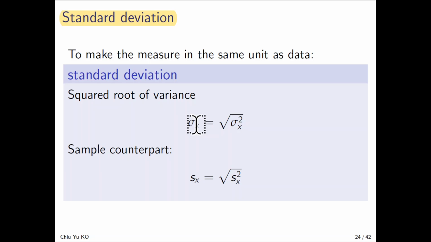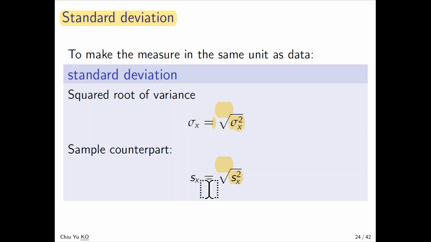Once you do this, comparing standard deviation across samples is not so easy, because it is still affected by the measurement scale. When you talk about data, say income, the measurement unit can be dollars, or $1,000, or $1 million, and the standard deviation can be different.